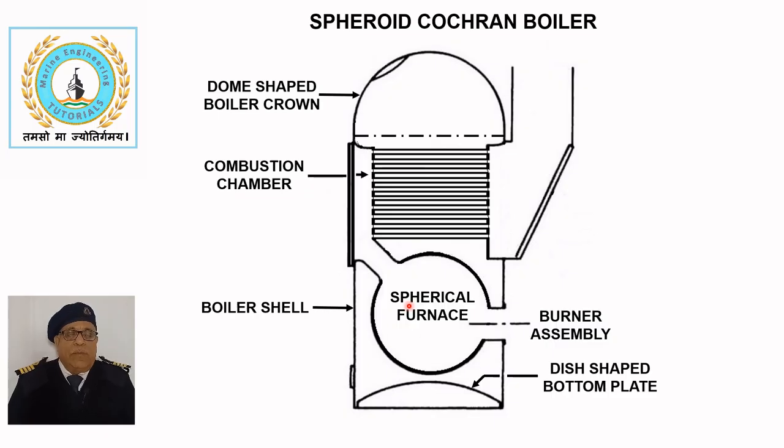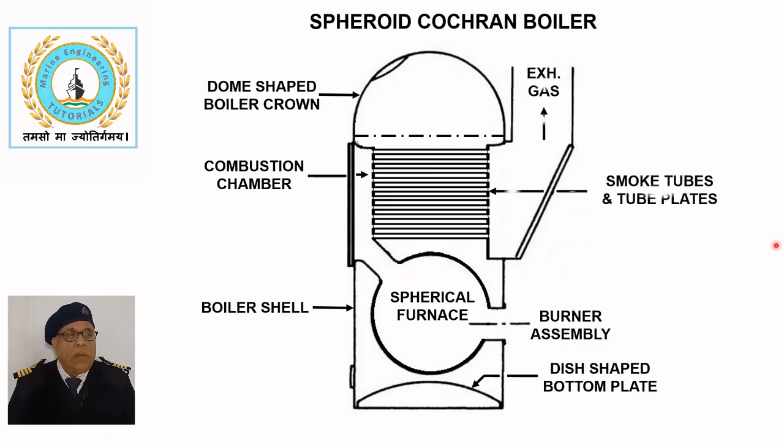The flue gases then pass into the combustion chamber attached to the outer shell. The hot gases make a single pass through the horizontal smoke tubes before being exhausted.